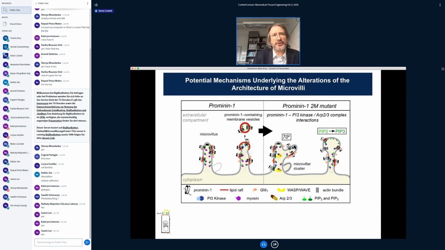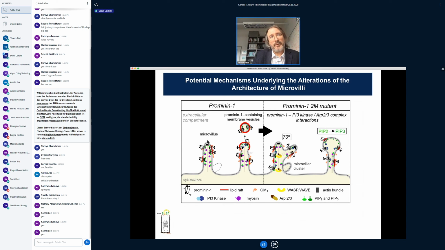As you can see in the structure here, inside the microvilli you have actin. It's an actin-based structure. And this actin is very important because you will have proteins like myosin here. You have different classes of myosin, which will link the actin to the plasma membrane. So they are like a decoration, and they allow this structure to form like a tube.